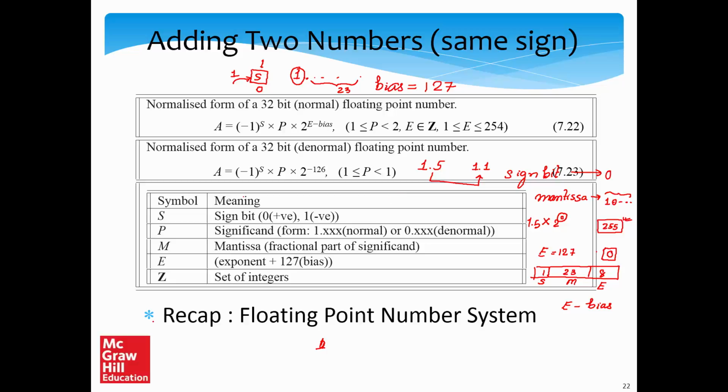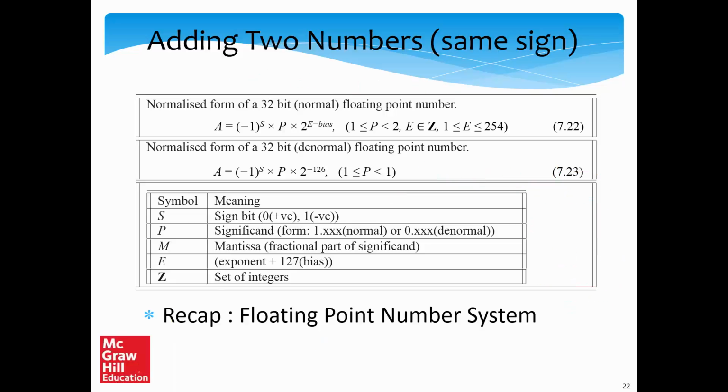I'm not discussing these things in detail here because I've already spent a lot of time on these issues in chapter 2. But let me summarize the information that we require. Any floating point number can be expressed in a normal form where it has a sign bit which determines the sign of the number.